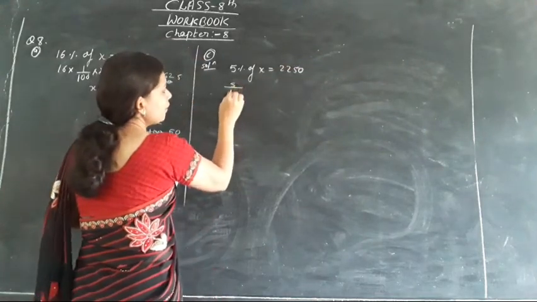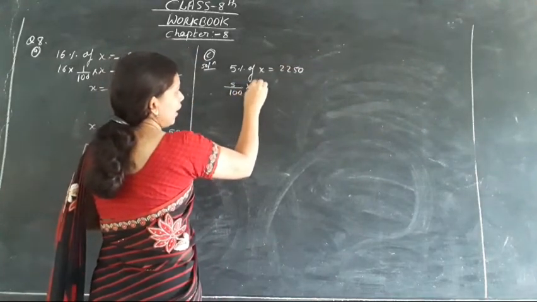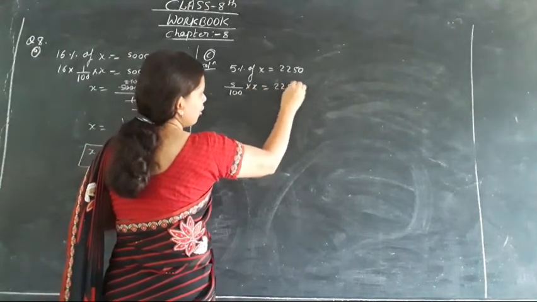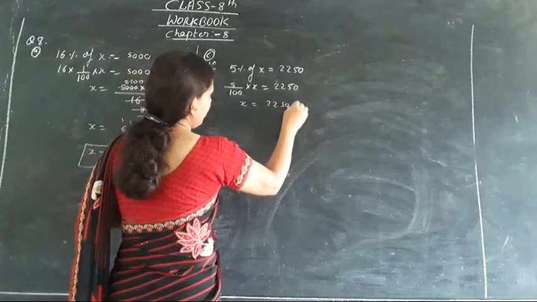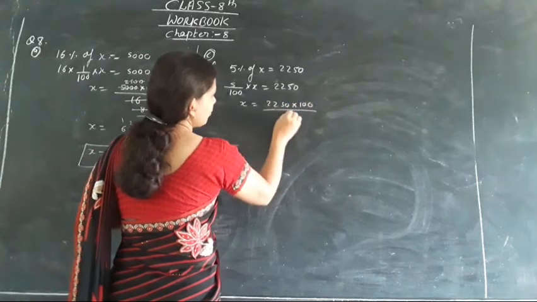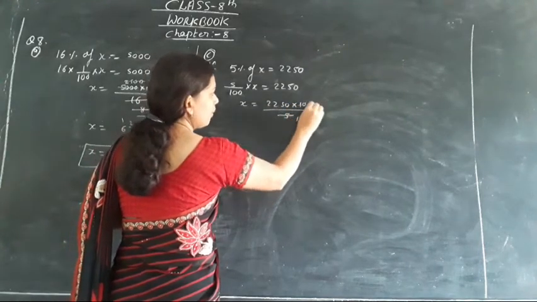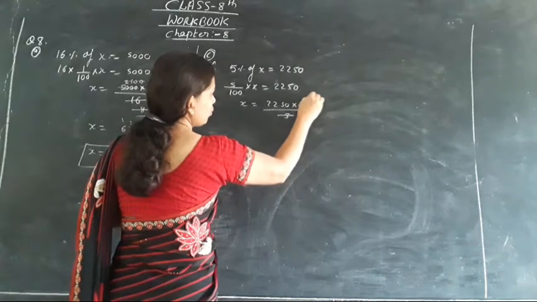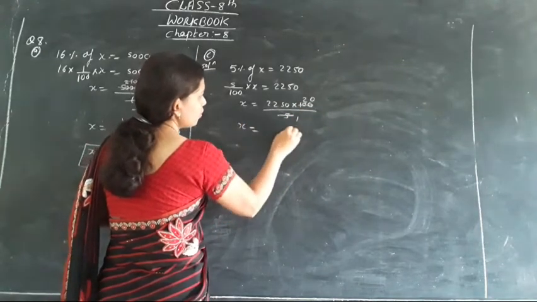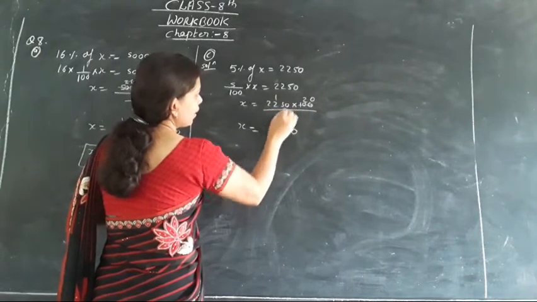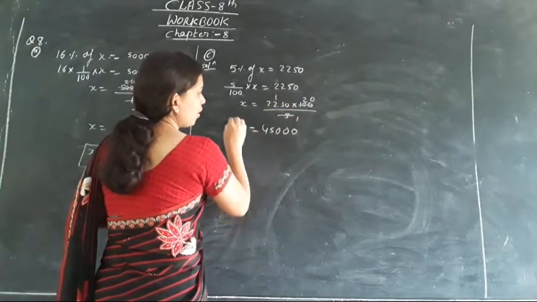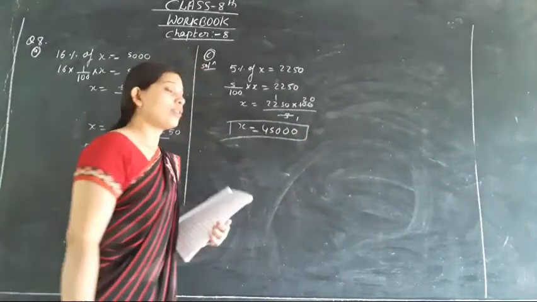As you have to find the value of x, x is equal to 2250 into 100 upon 5. Okay, so here 5 will become 1 time, this will become 20 times. So x value will be 45,000.